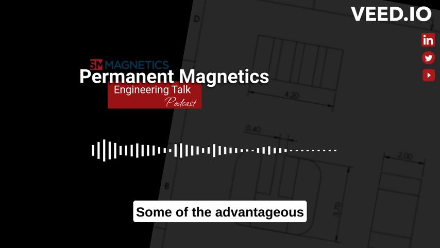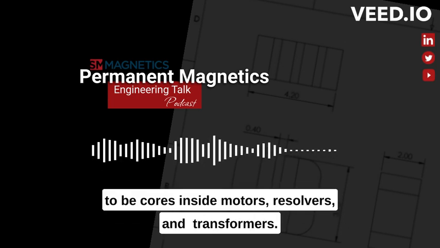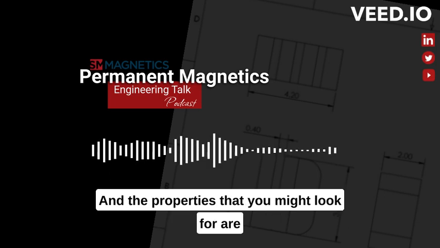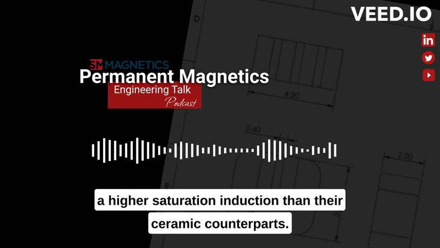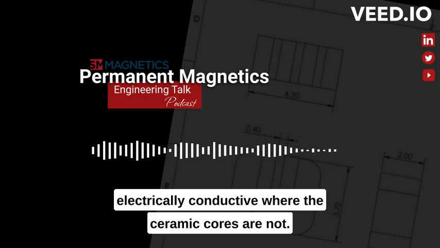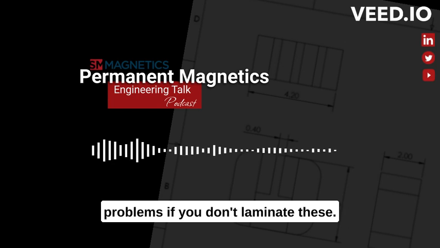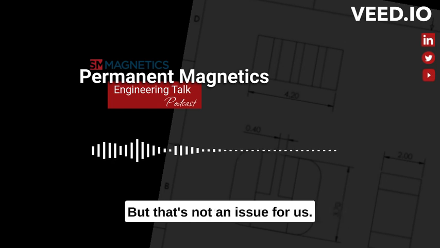They can be made in many different shapes to be cores inside motors, resolvers, transformers. These would need to be laminated because they are electrically conductive, where the ceramic cores are not. So you have some eddy current problems if you don't laminate these, but that's not an issue for us.